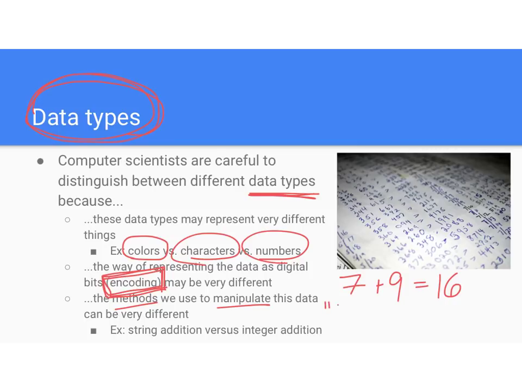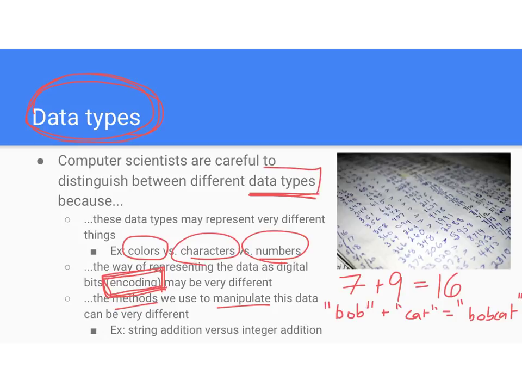While the string Bob plus the string cat would be concatenated, because the data type there is strings, to create the string bobcat. Those are very different data types, and there's different methods for working with those data types, which is why we have to distinguish.